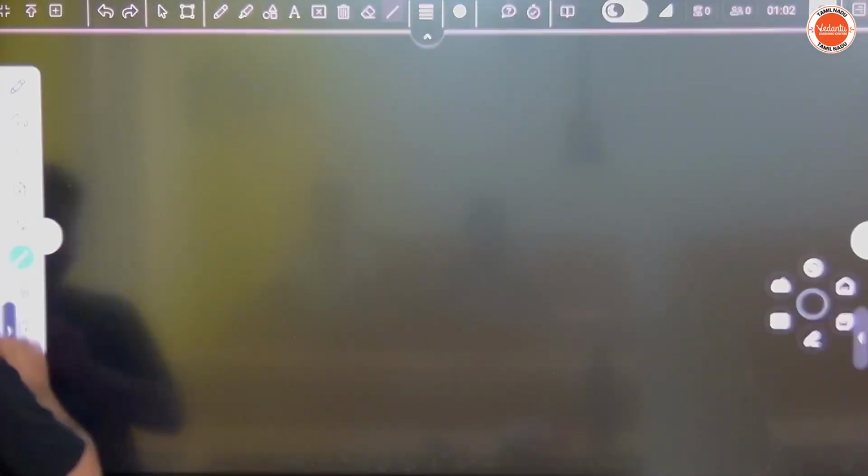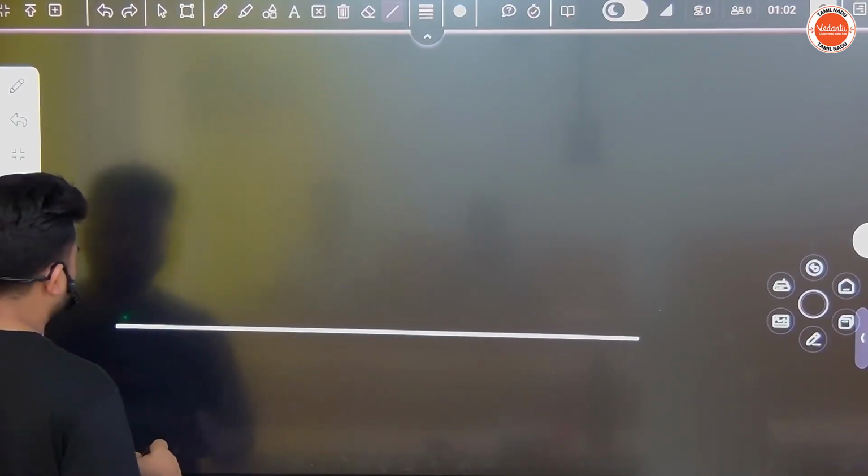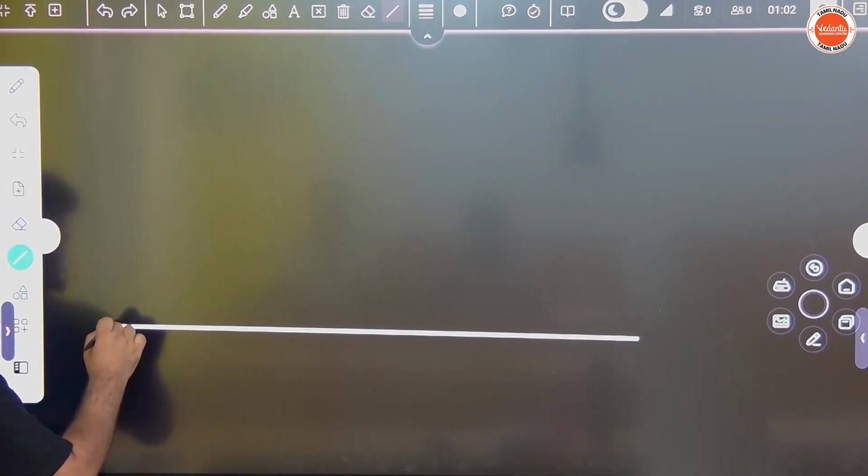Now what is projectile motion? Suppose you are playing football on the ground. This is the ground, and you kick a football. Suppose there is a football here.